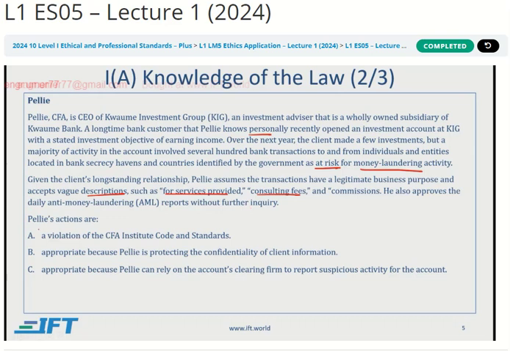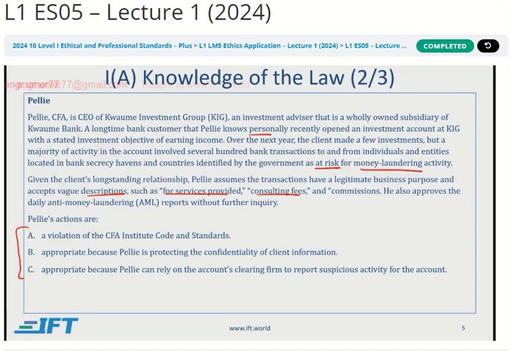So now the three possible options are: Pelly's actions are A, a violation of the CFA Institute Code and Standards, B, appropriate because Pelly is protecting the confidentiality of client information, and C, appropriate because Pelly can rely on the account's clearing firm to report suspicious activity for the account.